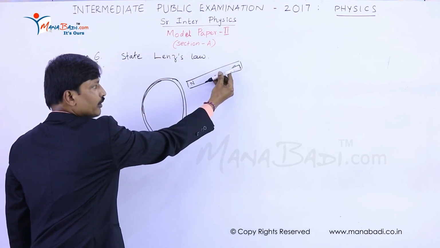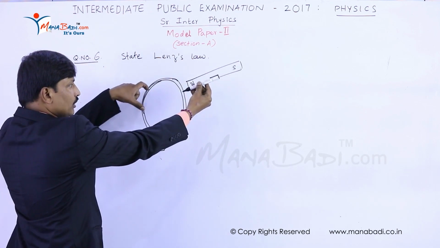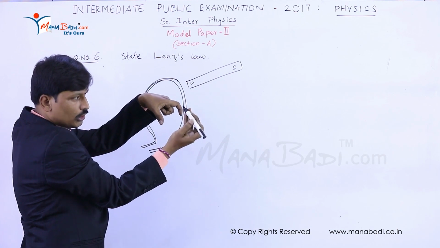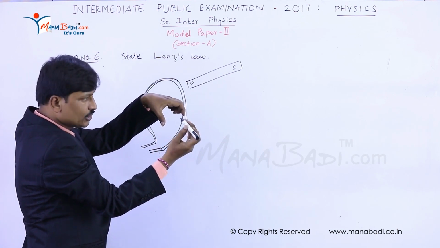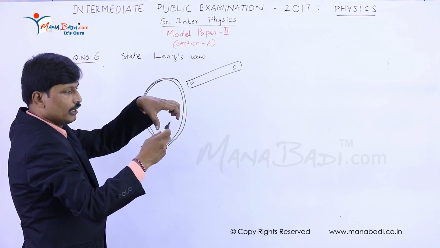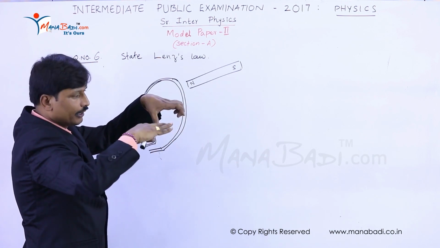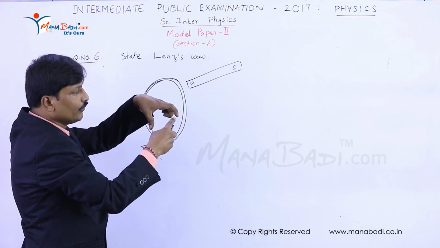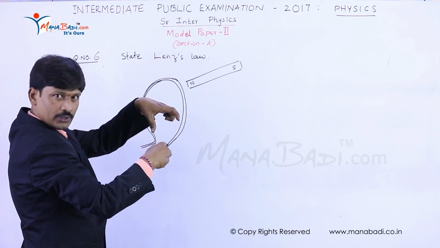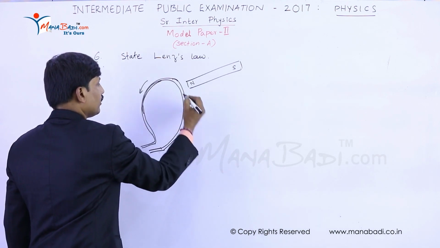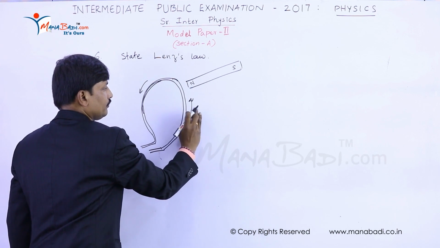The north pole of the magnet is moving towards the face of the coil like this. North pole of a magnet moving towards the face of a coil means the external field is passing through the coil, then it induces a current in a particular direction, that is in anti-clockwise direction.